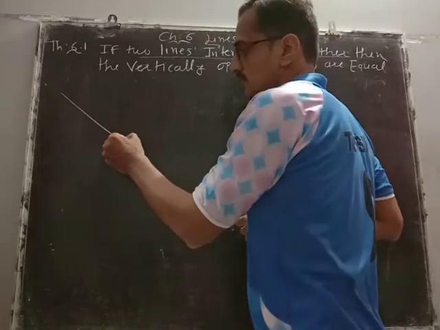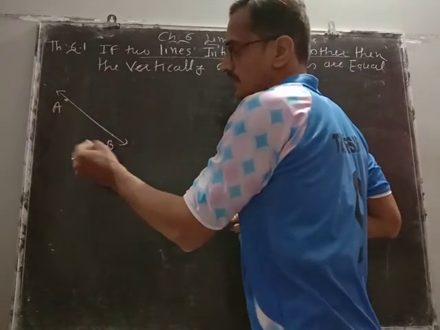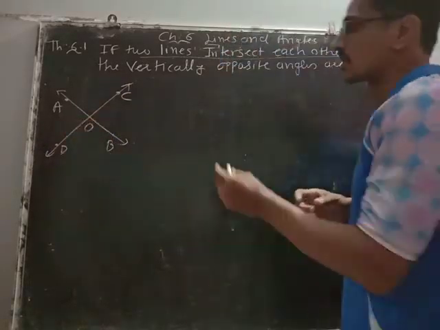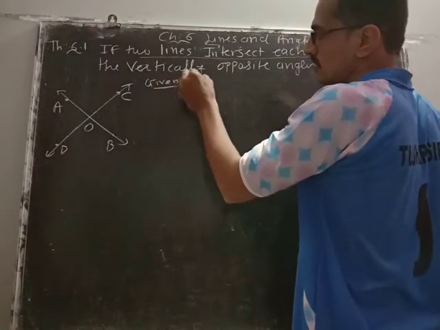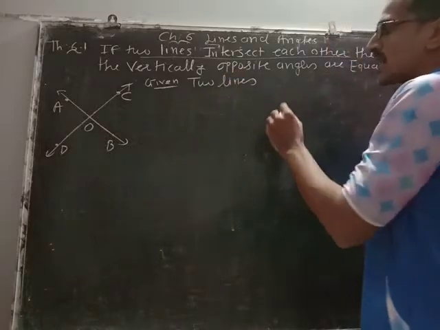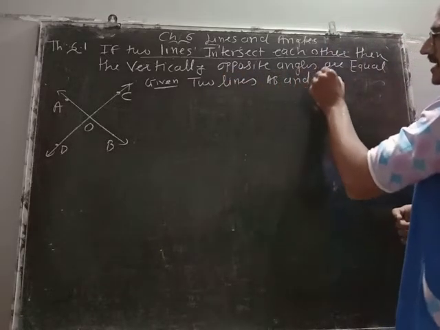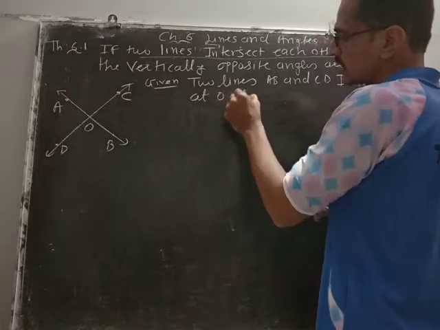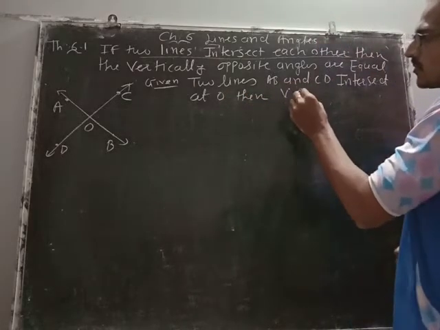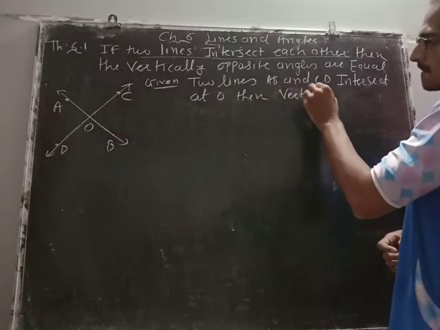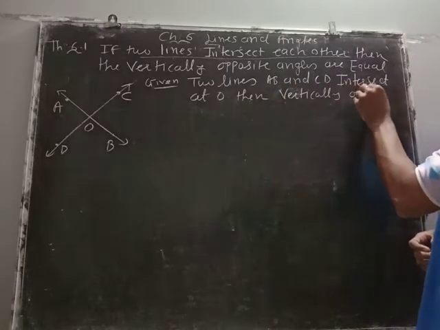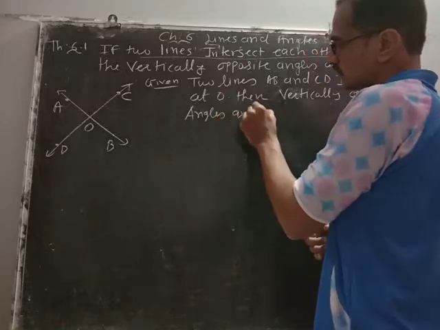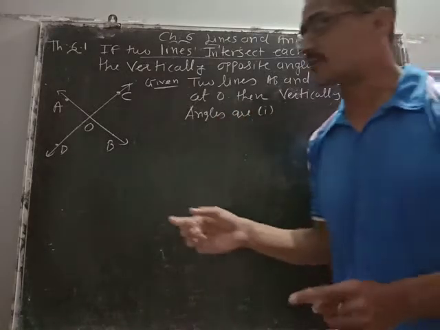So I will take two lines, first line AB, and second line CD, and both intersect at O. Given: two lines AB and CD intersect at O, then two pairs of vertically opposite angles are formed.